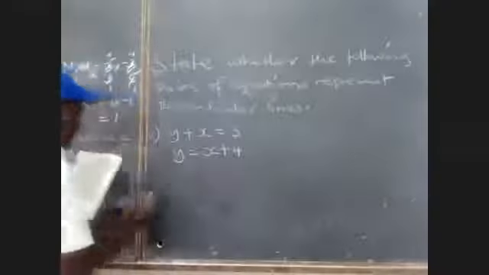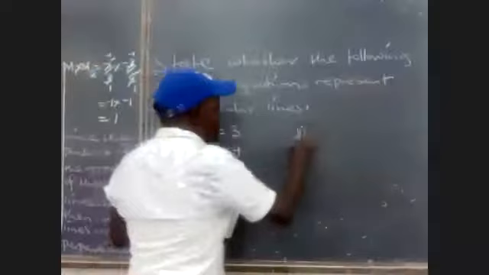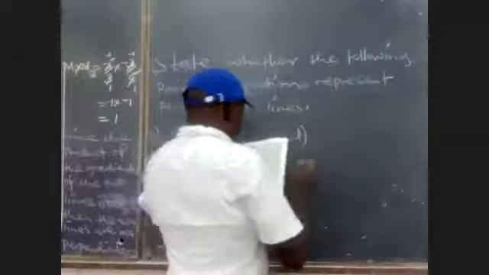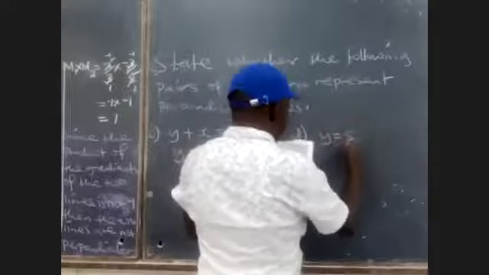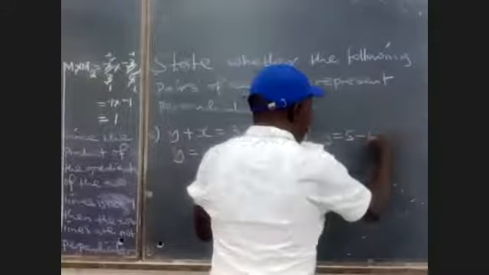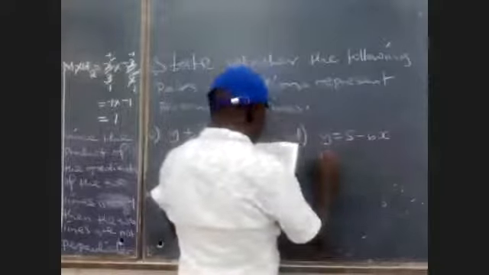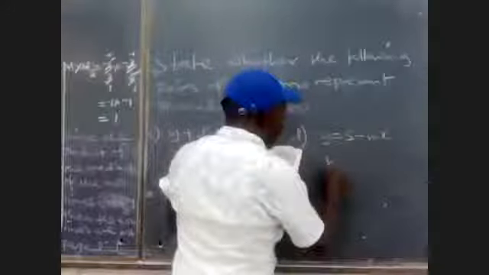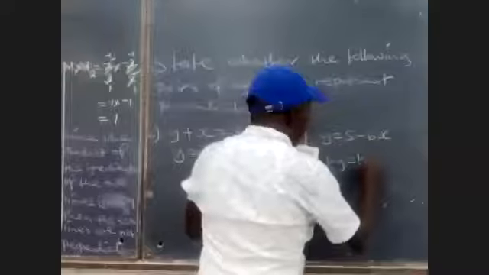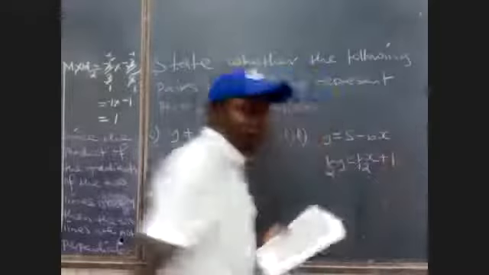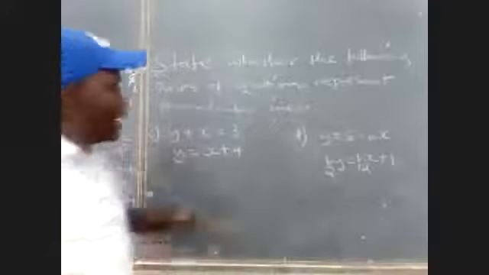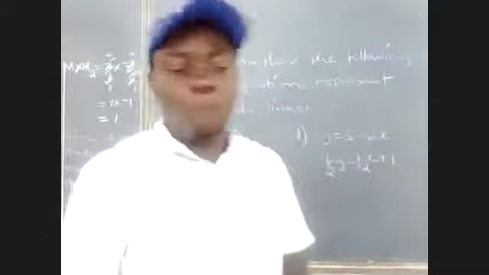Part D: y is equal to 5 minus 6x, and a half y is equal to 1 out of 12 x plus 1. You'll find out whether these two pairs are perpendicular.